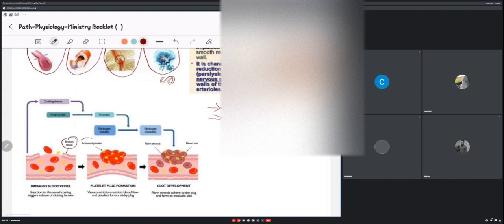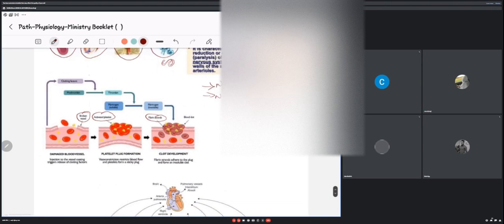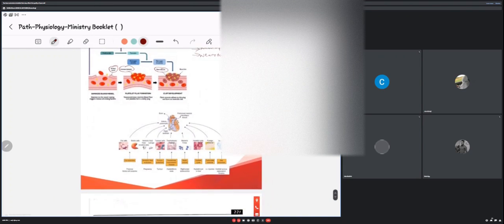This is the second thing. Platelets aggregate on that broken vessel to stop the bleeding first. While the platelets aggregate there, they wait for the fibrin to come. Once the fibrin is there, the platelets give way for the fibrin to act and repair the broken vessel. That's how the clotting factors are activated when there's rupture.